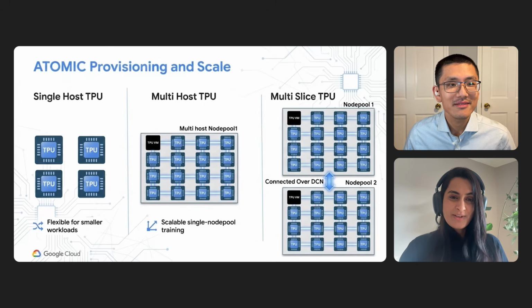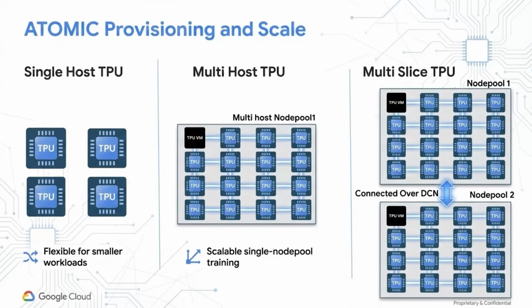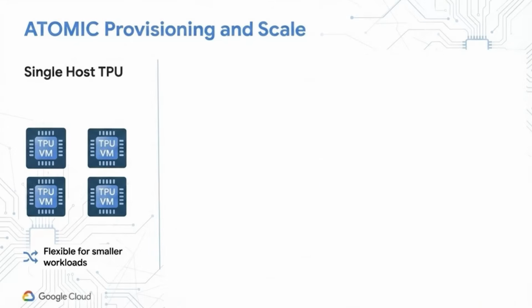Perfect. Let's get into understanding what atomic provisioning means. Here, I'm just giving you an idea of the various slice formations that TPU comes with. There's a single-host TPU, there's a multi-host, there's a multi-slice. Let's dive deeper into each one of them.